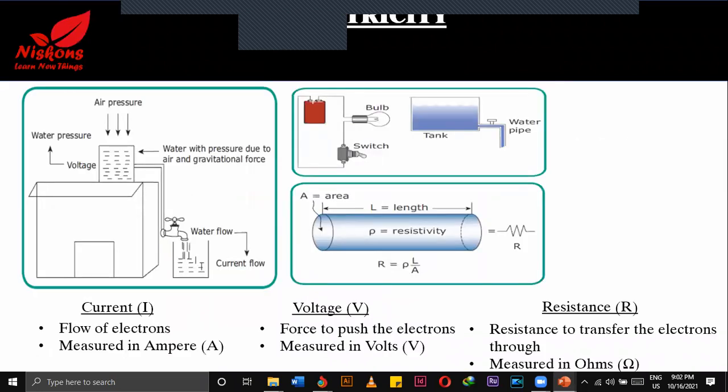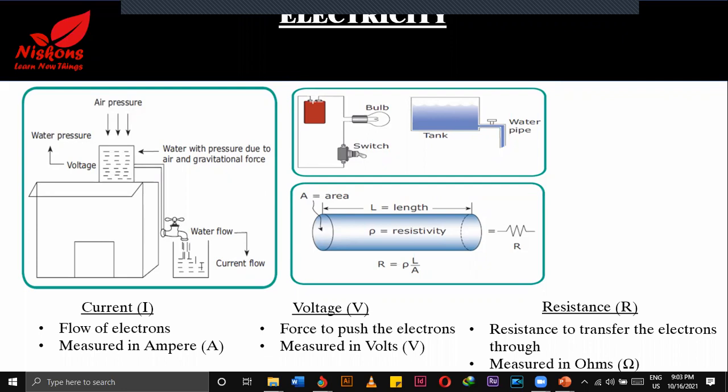Now I just wanted to explain what electricity is. Basically, electricity is simple. Just think about water. The water will flow from a higher level to a lower level if there is an elevation.